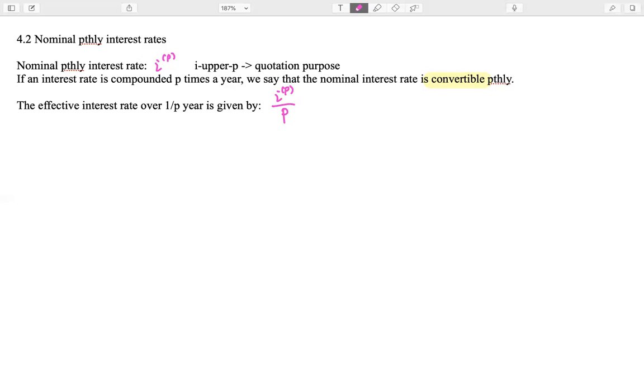Once you get this quoted rate, you need to divide by the frequency to get the effective interest rate over 1 over P year, and usually this is a unit.